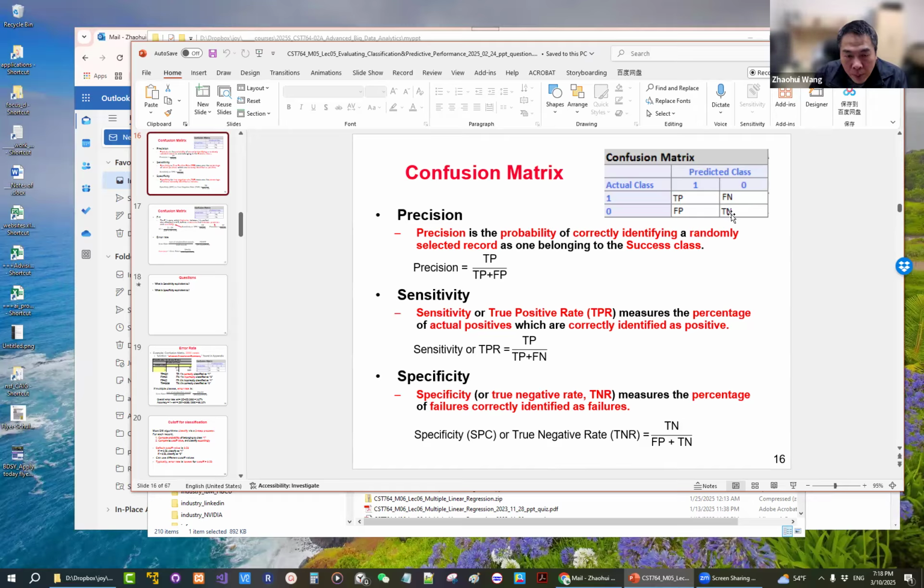Okay, true negative divided by false positive plus true negative will be the row where the actual class is 0. So the sensitivity is for the row where the actual class is 1. The specificity will be the opposite, for the actual class 0. So they are complementary to each other.